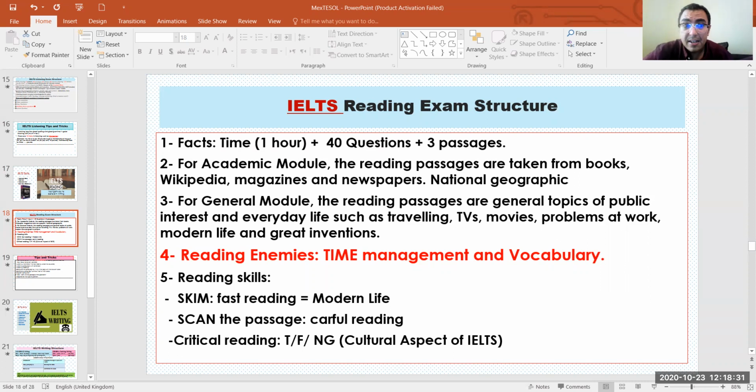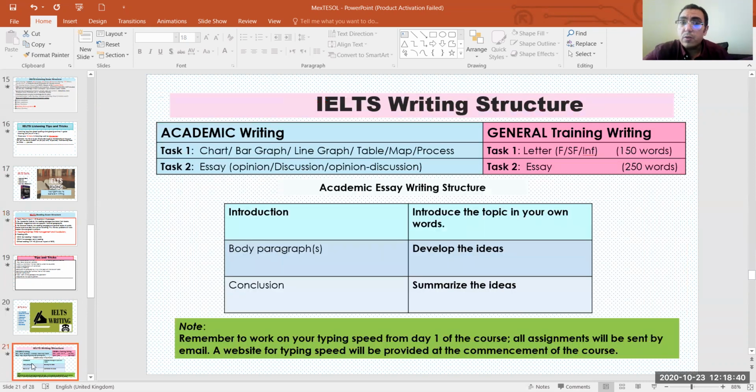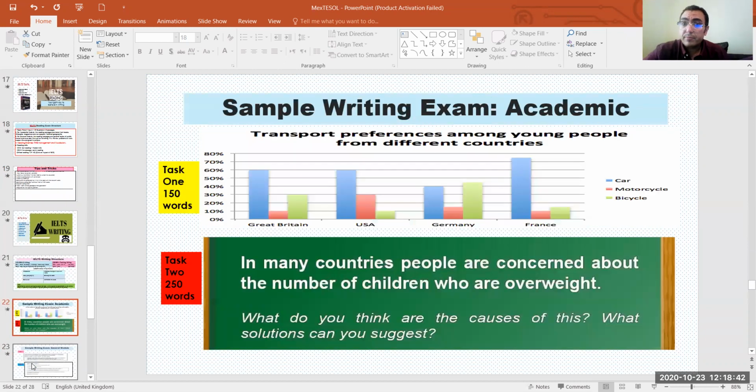IELTS, to me, is not simply a way of helping the students to get the band. On the contrary, even when I provide them with the topics of IELTS writing task 2, which is 250 words, I don't just tell them about the basics of academic writing.